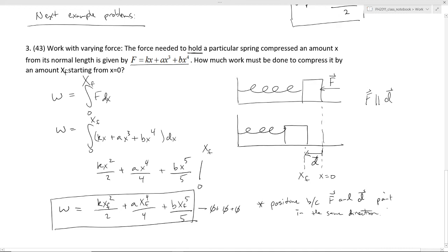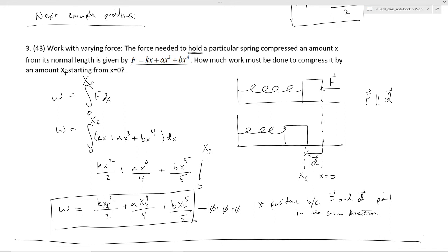And this is a good example of the analytical type of problem that you might be asked to do, where you need to be able to integrate a simple function. Things like polynomials like this, you should be able to do. So this is one kind of problem. Let me show you a totally different style of problem, but that gets at the same idea of working with varying forces.